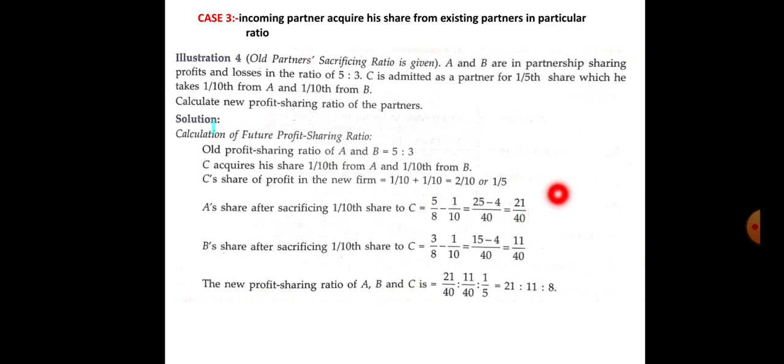This is the new ratio of A, this is the new ratio of B, and C was admitted for 1/5 share. So what would be the new profit sharing ratio? This would be 21:11:8. Just make the denominator of C equal to 40, then multiply 8 by 8 on both sides. Clear? So 21:11:8 would be the new profit sharing ratio.